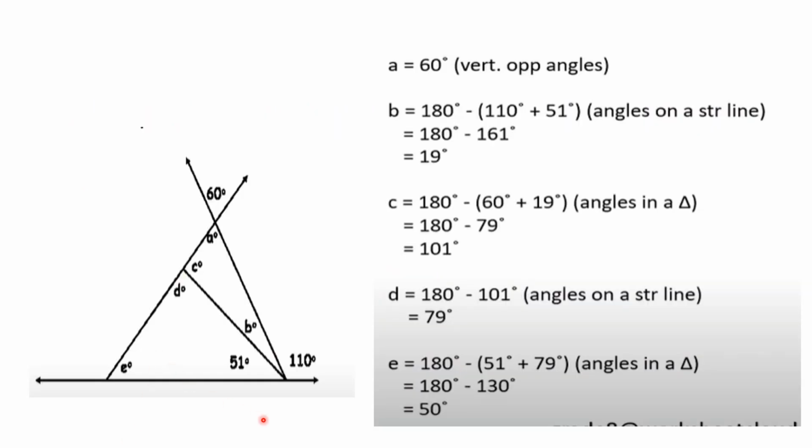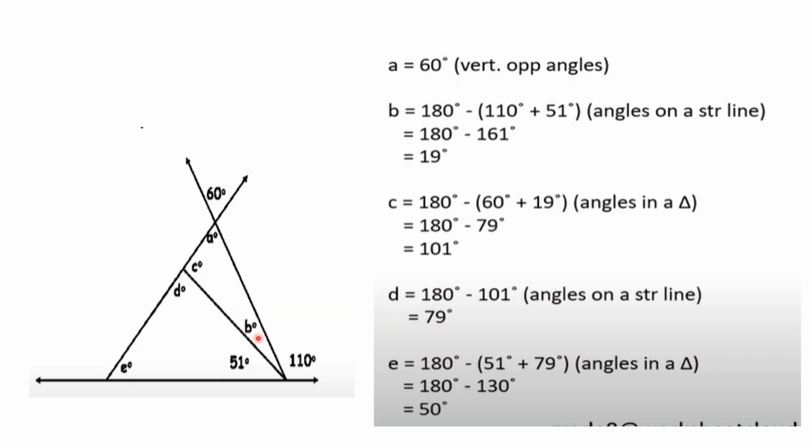So now, in this figure, we are given measurements of angles as well as letters that we have to calculate. So the first letter that we can calculate is letter A, and letter A is vertically opposite with 60, so meaning that A will be equal to 60 degrees, vertically opposite angles.